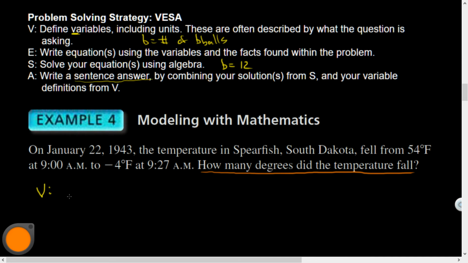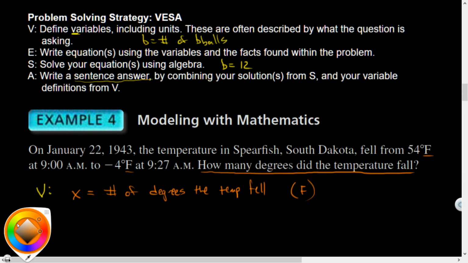Let's make a variable x equal to the number of degrees the temp fell. And what unit is that measured in? Well, these are all talking Fahrenheit. So yeah, let's talk about this in terms of Fahrenheit.